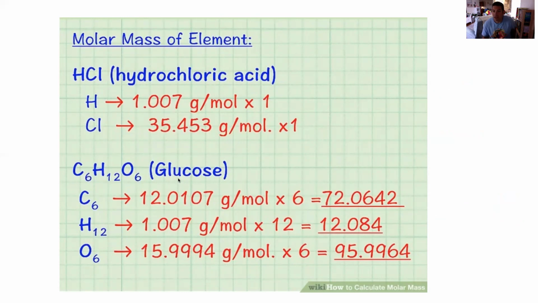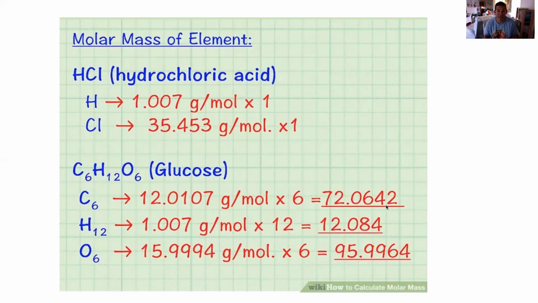If it was something like glucose, C6H12O6, you're going to take the mass of carbon, which is 12, and multiply it by 6, because there's 6 of them in the formula, giving 72. You take the mass of hydrogen, which is 1, and multiply it by 12, so you get 12 for hydrogen. Oxygen has a mass of 16, and you multiply it by 6 to get 96.